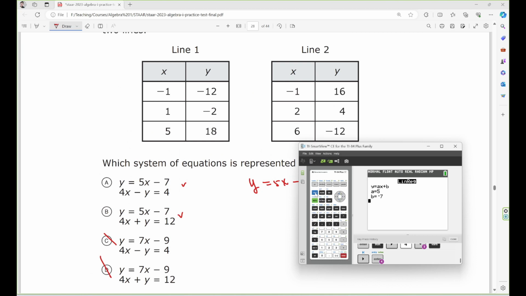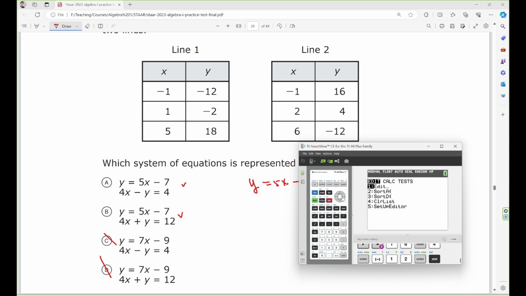Now the second table. Same thing. Hit STAT again, Edit. Write the first column: negative 1, 2, 6. Now the second column: 16, 4, negative 12.